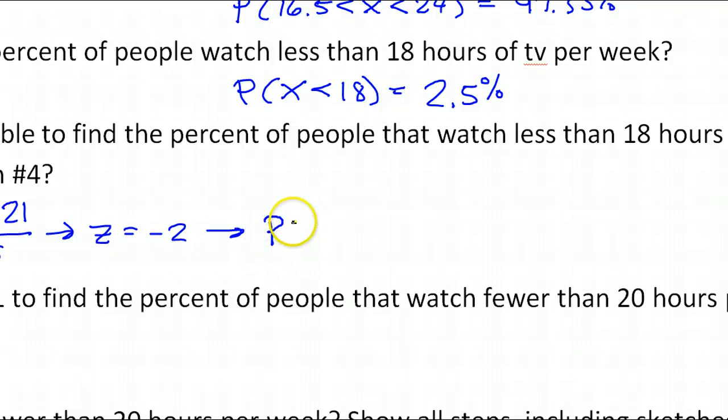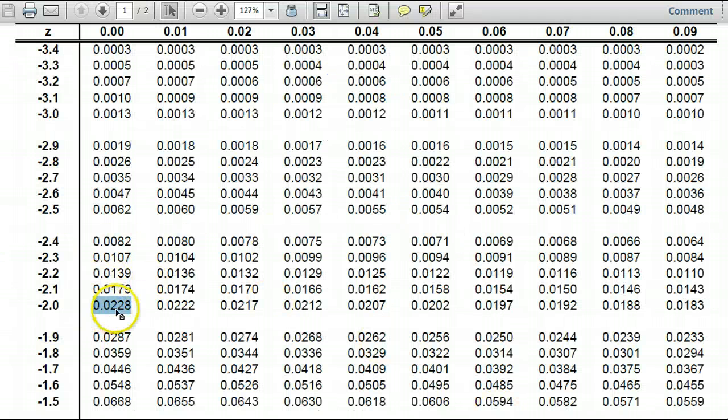So the proportion of z-scores that are less than -2 is 0.0228.